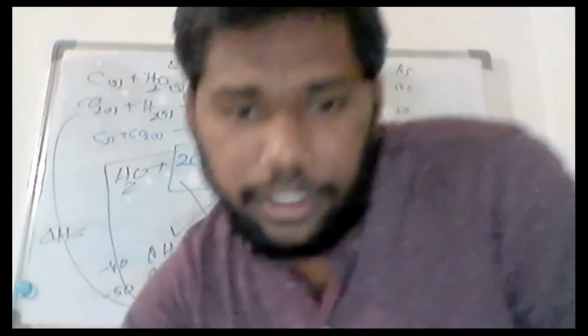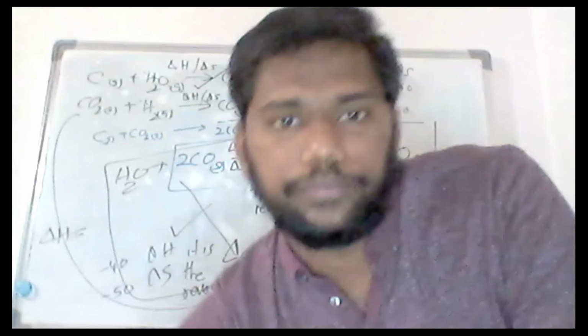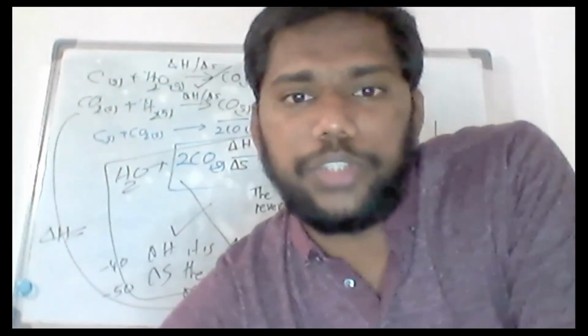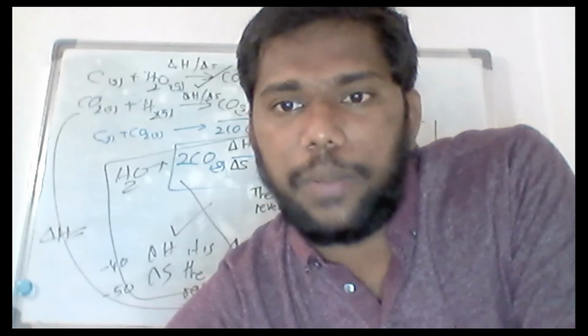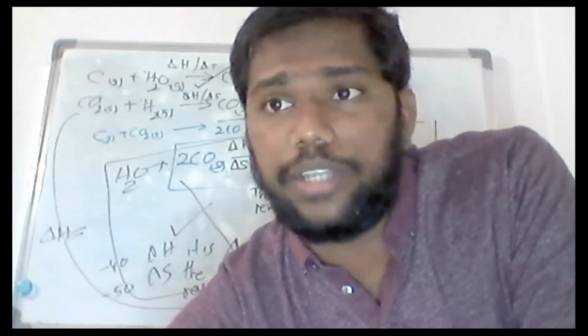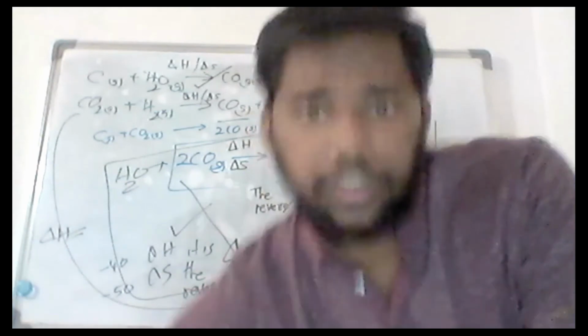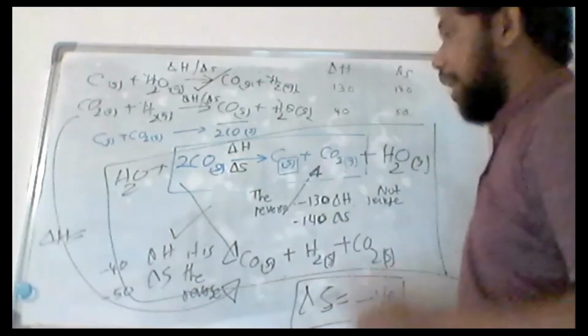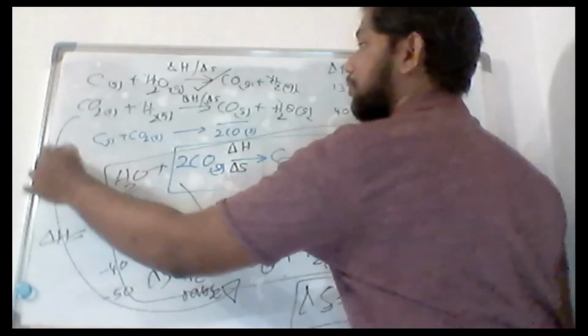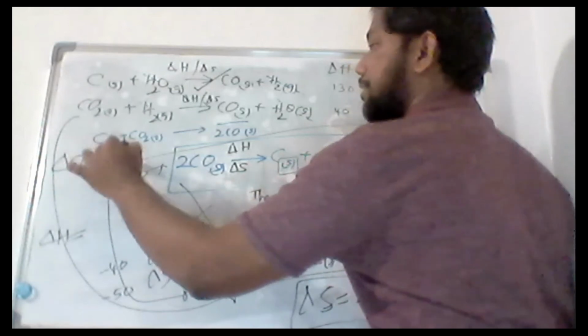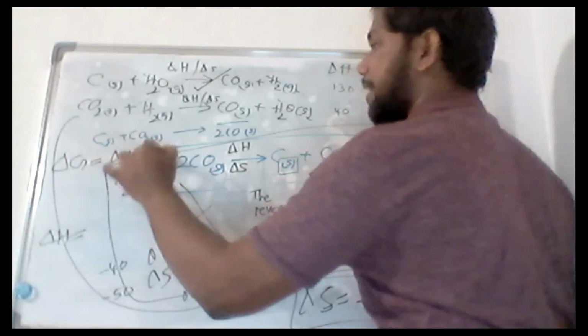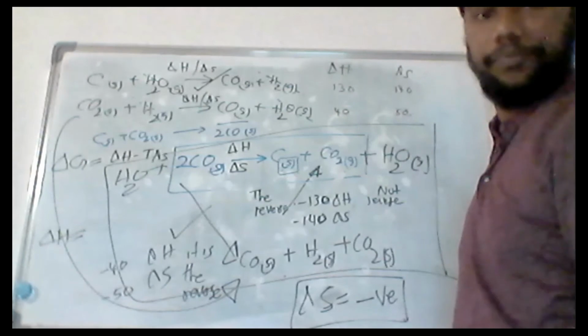The second question of that part says, by means of suitable calculation, predict whether the reaction given in part 1 above is spontaneous at 27 degrees Celsius. So what you have to do, you know delta G is equal to delta H minus T delta S. Okay.